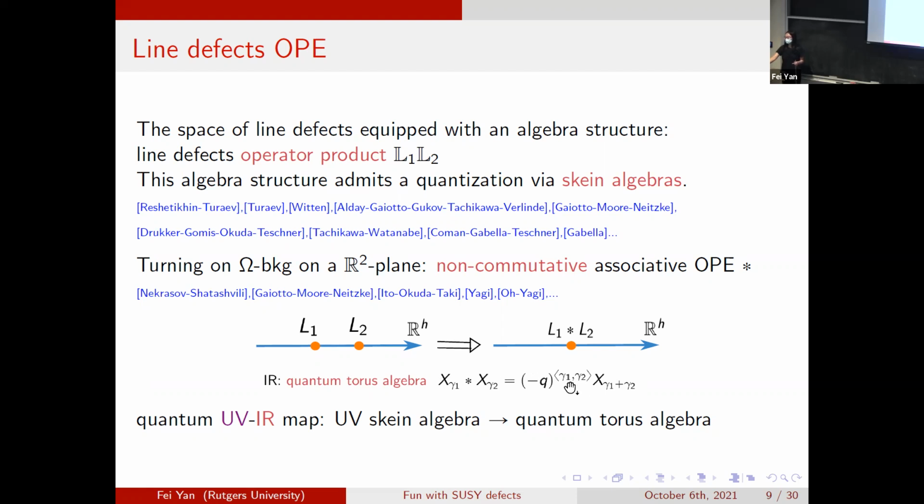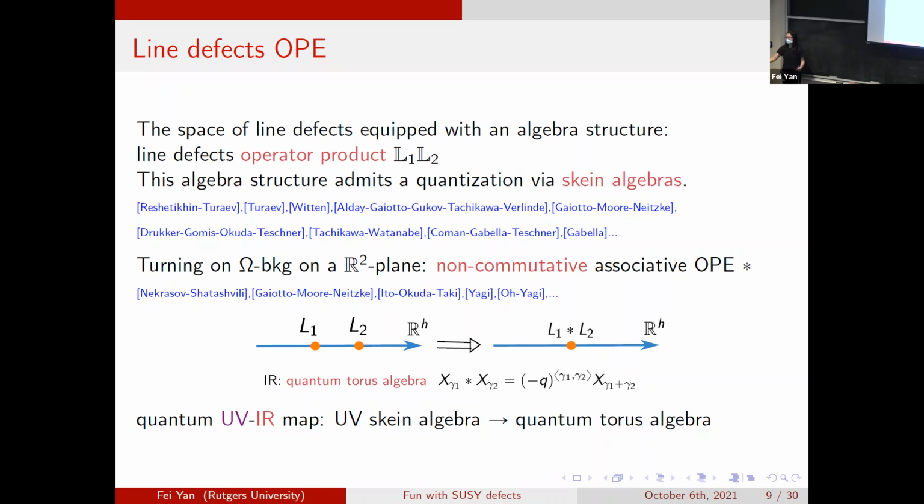This contribution could be interpreted as follows. On the left, you have two diagonals. There's some angular momentum stored in the electromagnetic field sourced by the two diagonals. And that contribution has to be taken care of when you go to the right-hand side, when you just have a single diagonal. So that contribution is given by this extra term, where this bracket gamma 1, gamma 2 denotes the Dirac-Schwinger-Zwanziger pairing of the infrared charges.